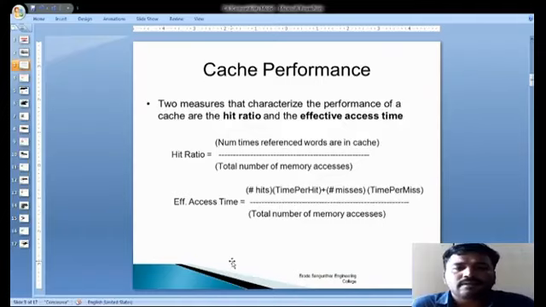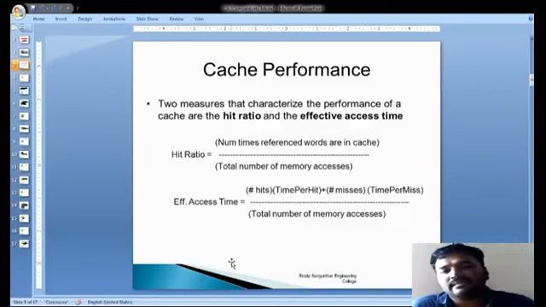Two measures that categorize the performance of the cache are cache hit ratio and the effective access time, EAT. The hit rate or hit ratio is the total number of times the referenced word is found in the cache, to the total number of memory accesses needed to access that particular cache.